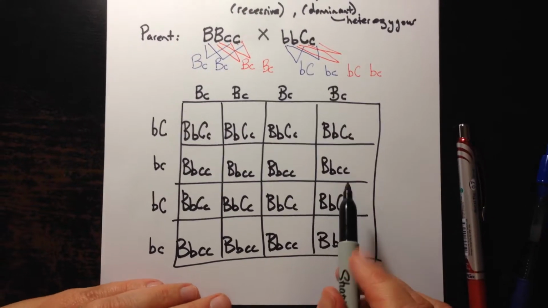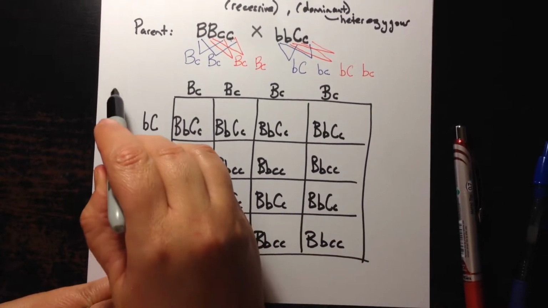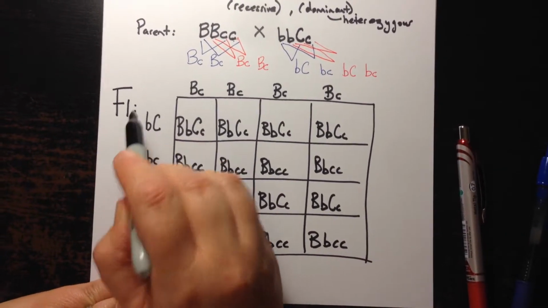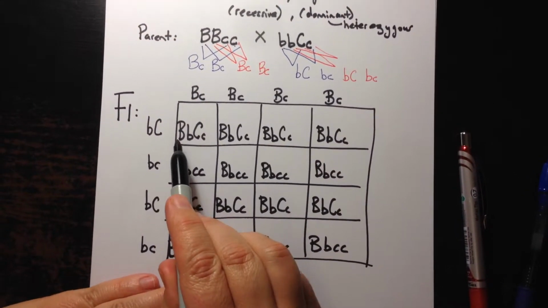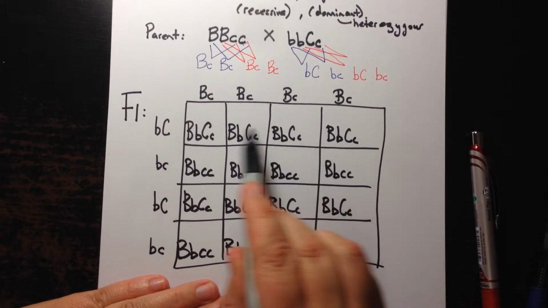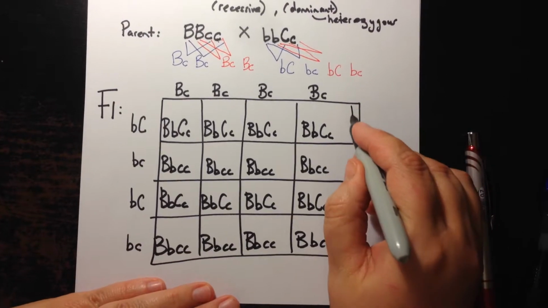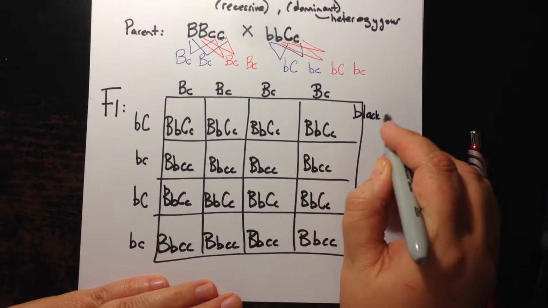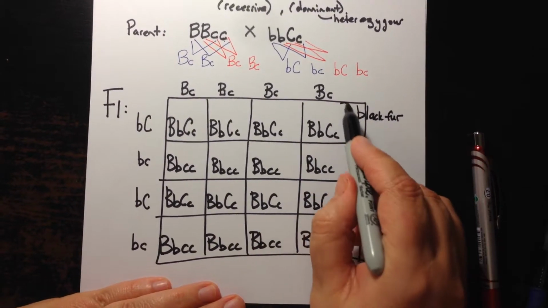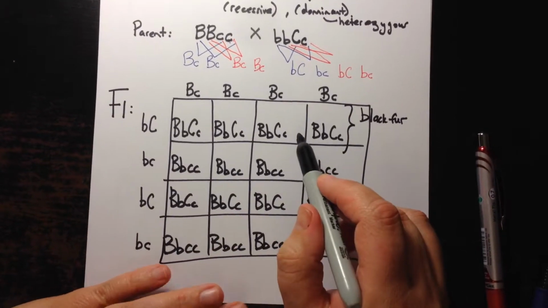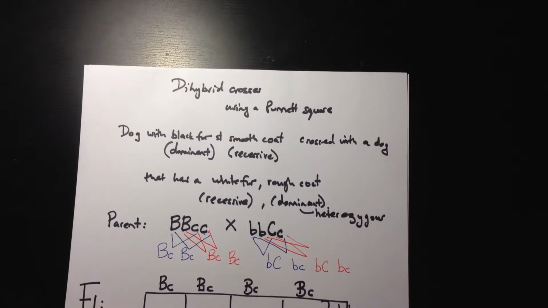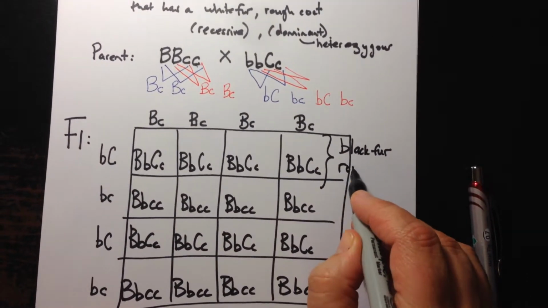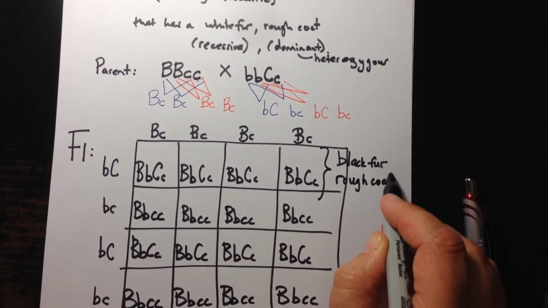So if you look here at what we have in this F1 generation, which is indicated in the Punnett square, you'll see that we have 4 individuals up here, 4 dogs that have black fur, because that's the dominant trait, and they have not a smooth coat, but a rough coat, and they're heterozygous. So black fur with a rough coat.